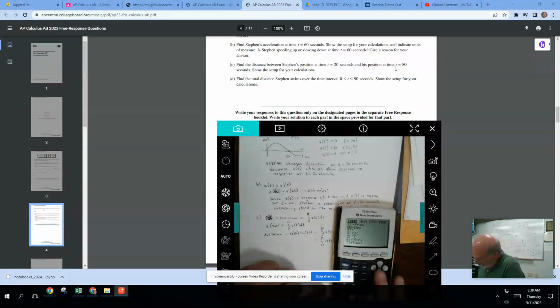Go down to the integral, and we're going to go 20 to 80, y1, with respect to x.